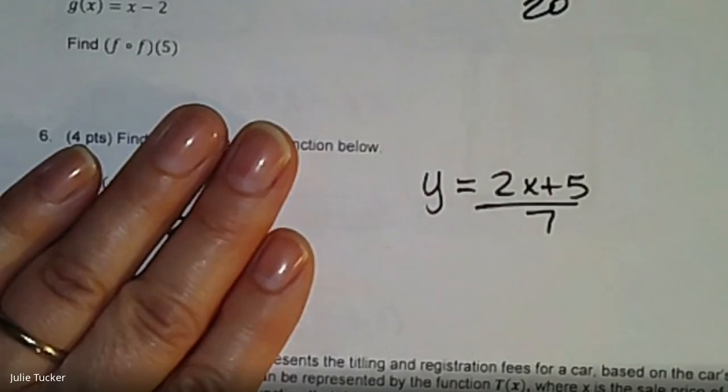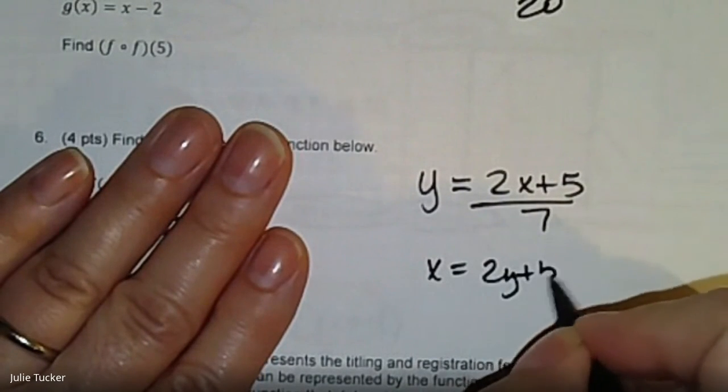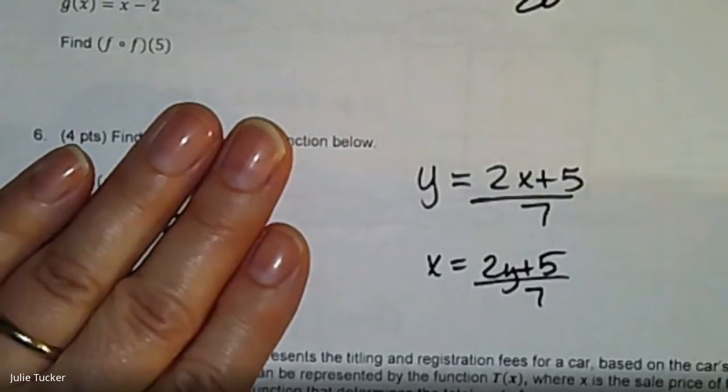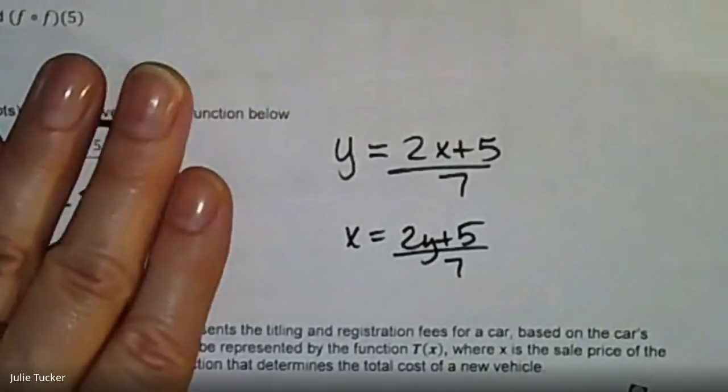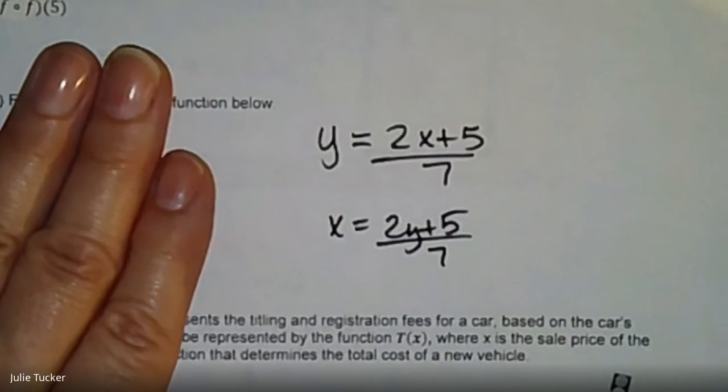We got one. Yes, good job. Switch the x and the y. Good job, Connor. Okay, now tell me what to do. Got them both.